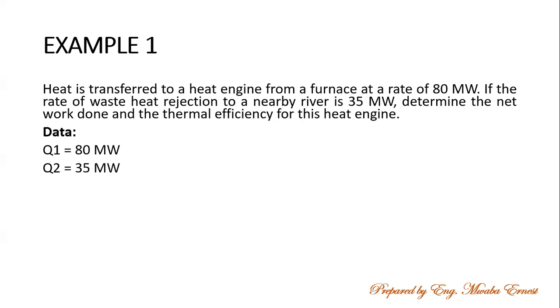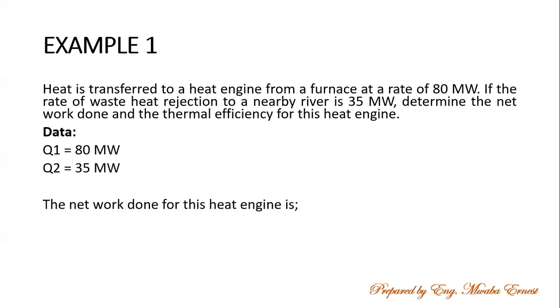And one thing you realize is that Q1 must always be bigger than Q2 for a normal engine, unless we talk about a different system. For a normal heat engine, that's how it's supposed to be. The source should have a higher amount of heat. So Q1 is 80, Q2 is 35.